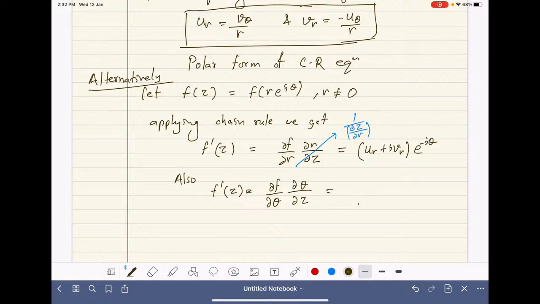and this is precisely u theta plus i v theta, and dou theta by dou z is 1 by dou z by dou theta.